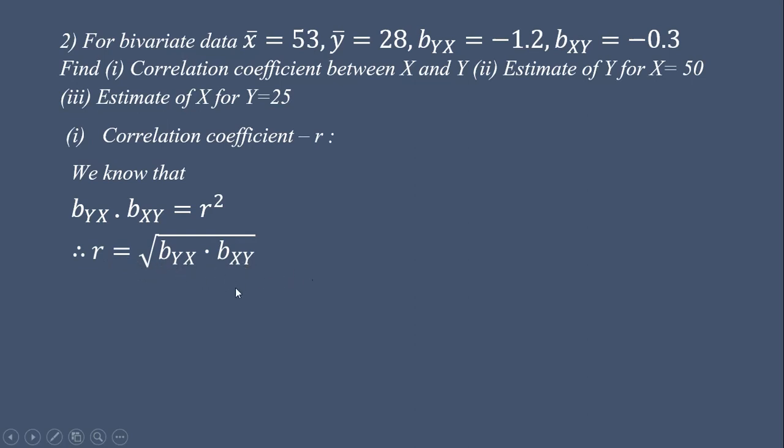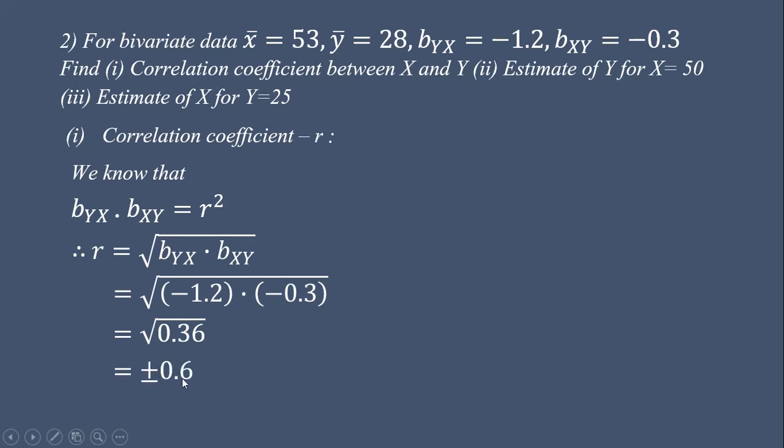We substitute these values here. Byx is given as minus 1.2, bxy is given as minus 0.3. Its square root: the product of these two is 0.36. These two are negative, the product is positive, and its square root is plus or minus 0.6.